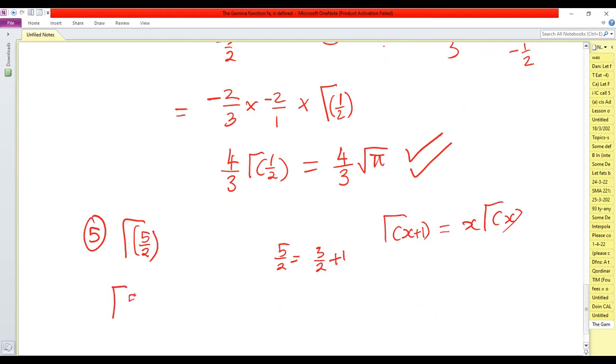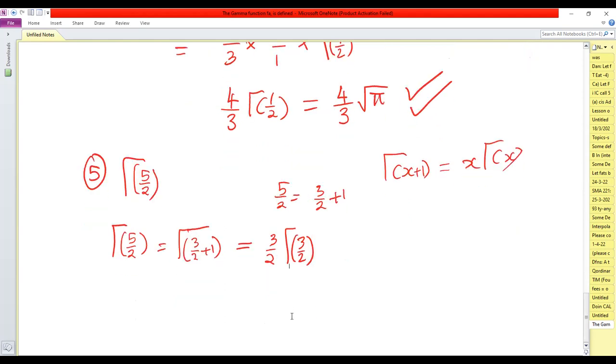So gamma of 5 over 2 is the same as gamma of 3 over 2 plus 1, which is the same as now 3 over 2 gamma of 3 over 2. So that is step 1.